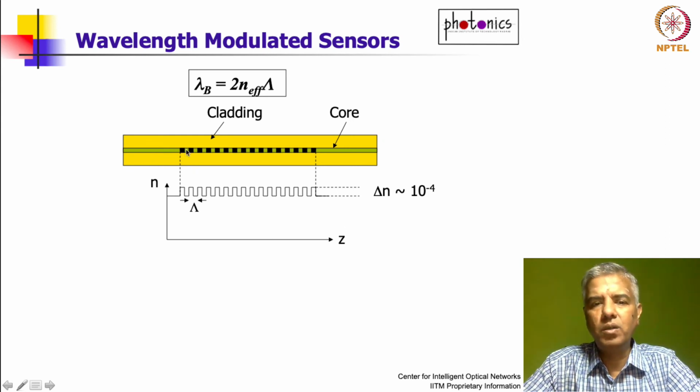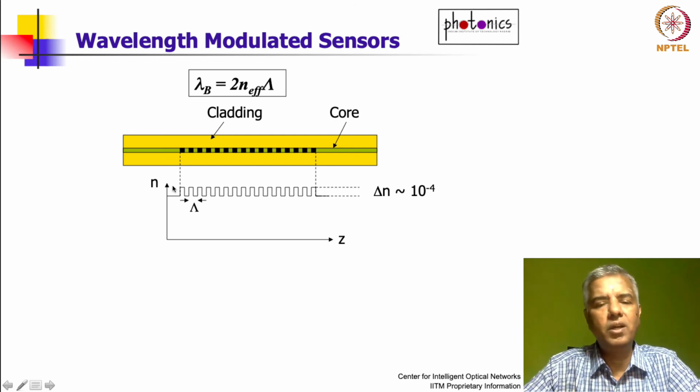If you modify the refractive index of the core in a periodic manner, and that's what we are shown over here. Let's say this direction is Z and this is the refractive index. The core refractive index is normally unmodulated, like this, but if you manage to create a density variation like this so that the refractive index is periodically changed with a period capital lambda, then you can go back to Bragg diffraction theory.